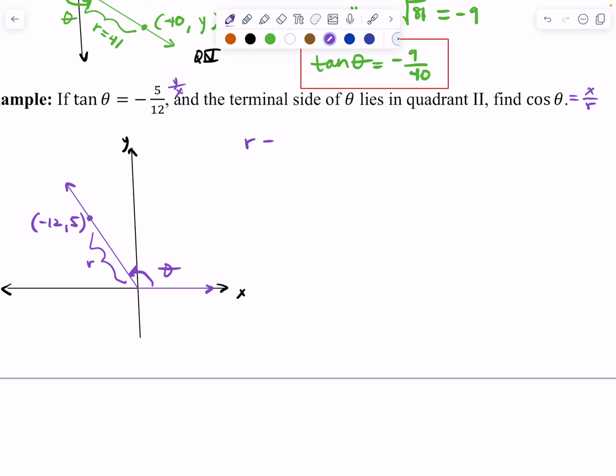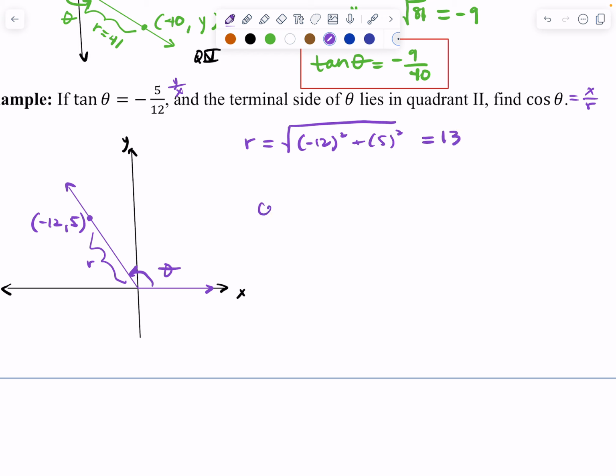So r will be equal to the positive square root, because r represents the distance, of negative 12 squared plus 5 squared. So what is that? 144 plus 25, which would be the square root of 169, so 13.